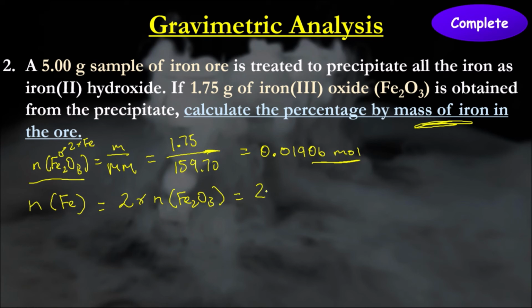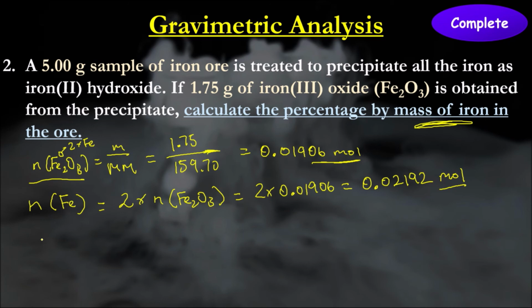So 2 times this value, which gives us 0.02192 moles. Okay. Now that we found the number of moles of iron, we can now work out the mass of iron that was in the sample.